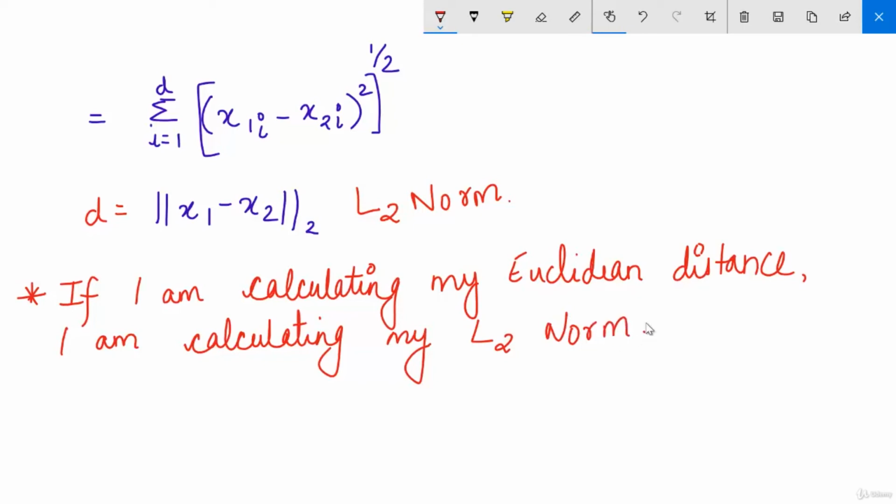Please make a note, this is a very important part. Whenever you calculate any Euclidean distance, you are nothing but calculating your L2 norm.